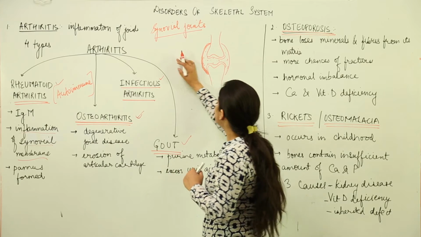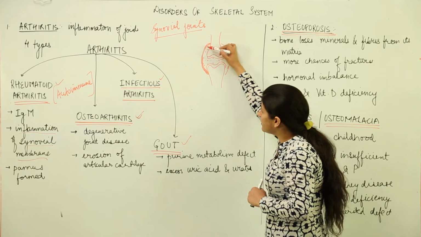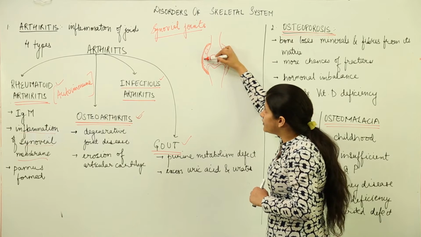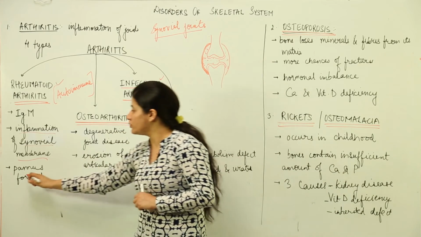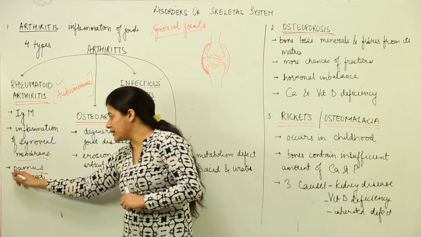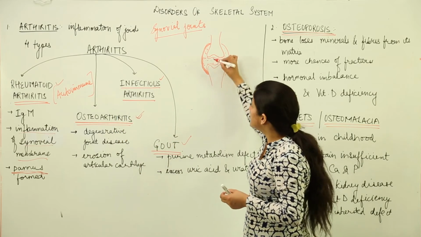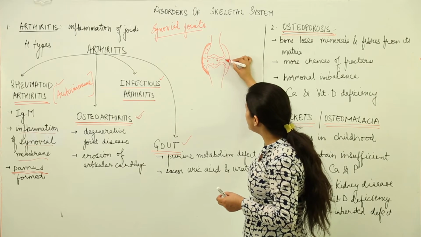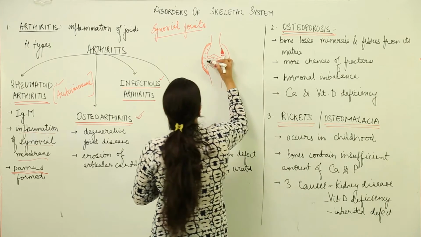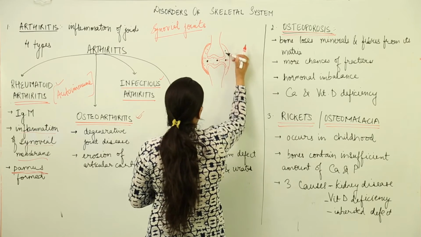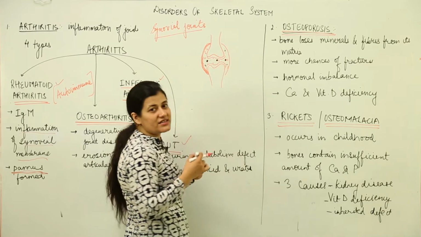When it starts secreting a lot of synovial fluid, it also secretes small fragments known as pannus. Now these are small gravel-like structures. When these granules known as pannus are present in excess here, they start rubbing against the articular membrane and they cause its erosion.